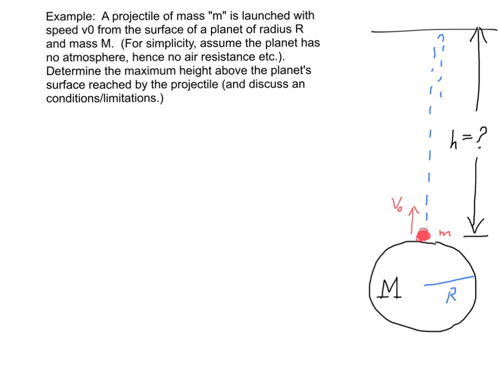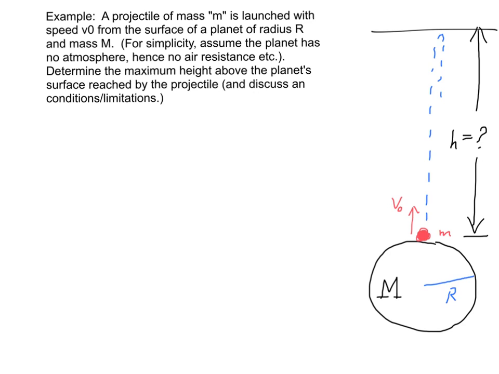Okay, now we could imagine trying to solve this problem different ways. One way we might try to imagine solving the problem is to find the force that the planet of mass M exerts on this projectile, then calculate the projectile's acceleration, and using the acceleration try and figure out the maximum height.